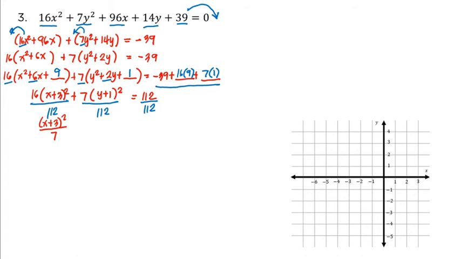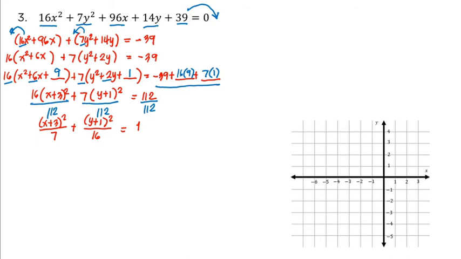So we have 7 sa denominator plus (y plus 1) quantity squared, lowest term, that is 1 over 16. So you have 16 equal to 1. This one is already in standard form.